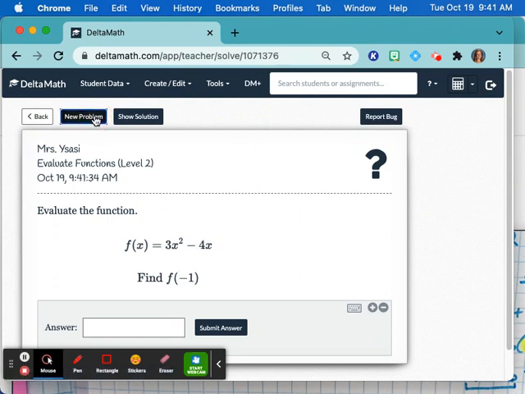Let's see what other problems we have. Okay, write this one out. f of x equals 3x squared minus 4x. Find f of negative 1.